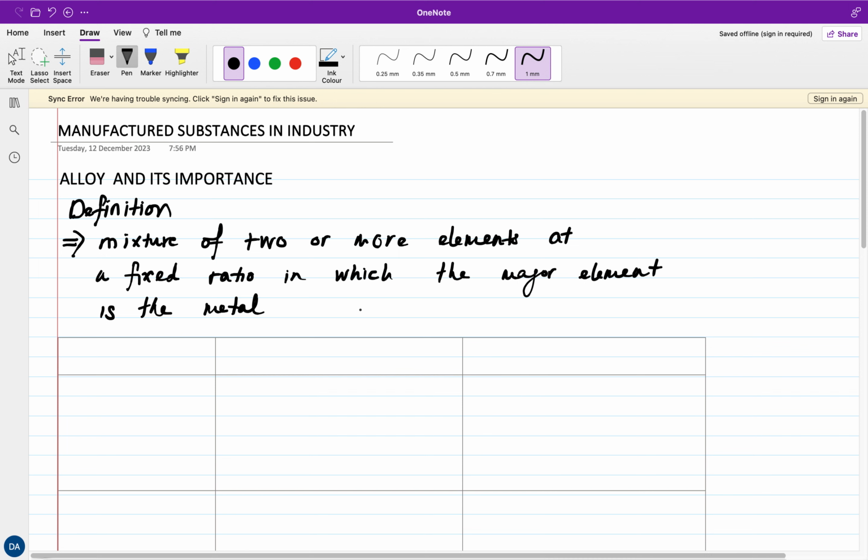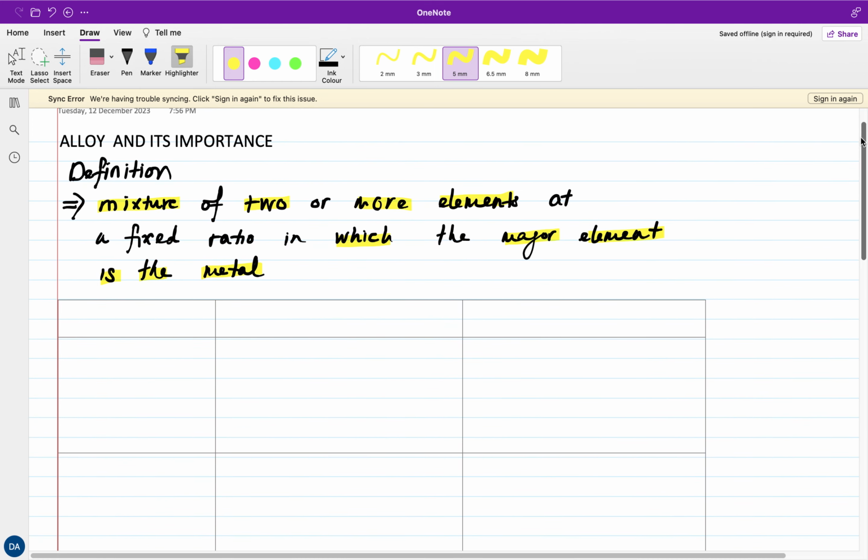Okay, so definition for alloy: mixture of two or more elements at a fixed ratio in which the major element is the metal. Okay, so it is compulsory to memorize the definition.